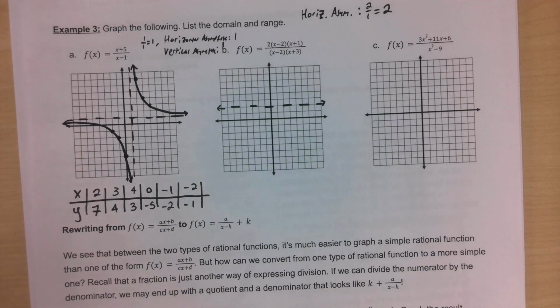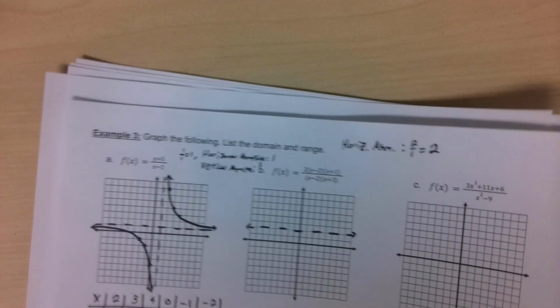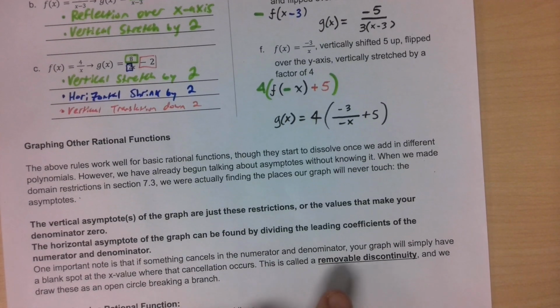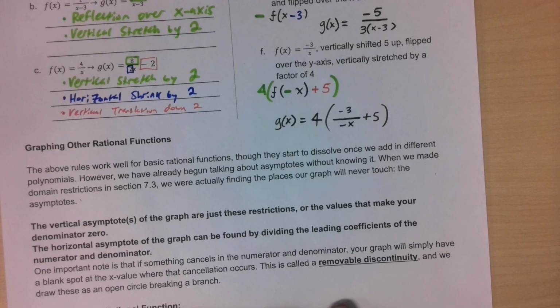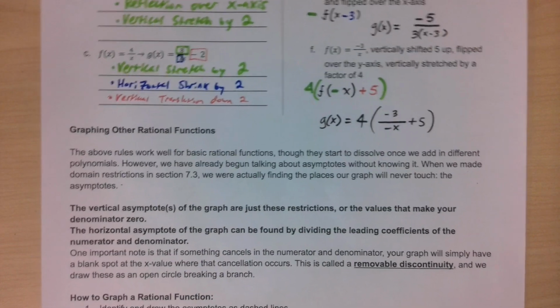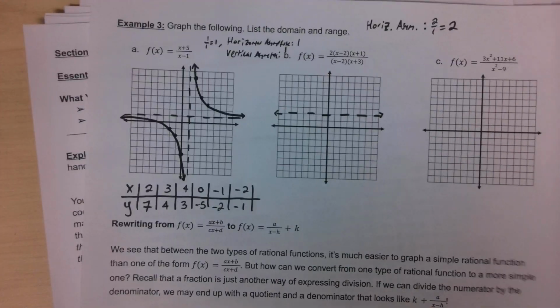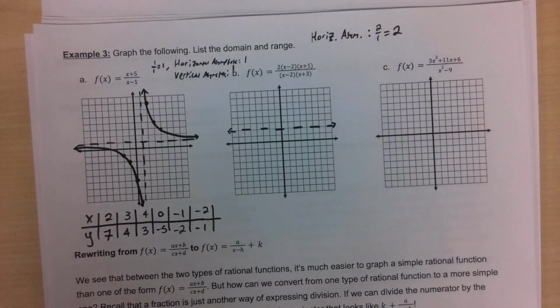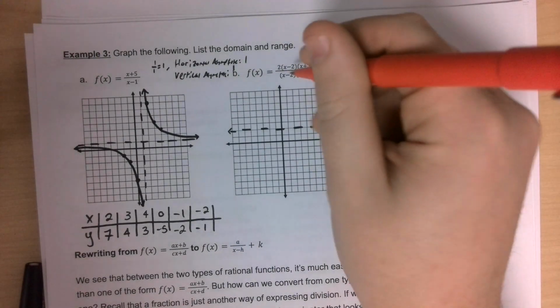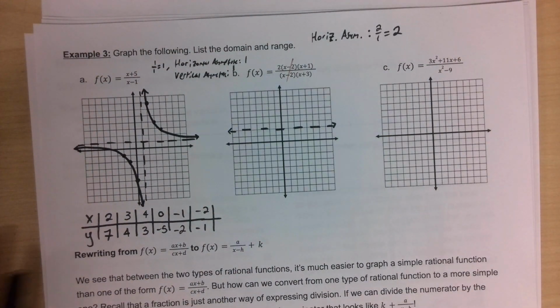But remember what I said on the last page of the notes: if something cancels out, it's called a removable discontinuity, and it would just be an open circle at that place. Does something cancel out here? And the answer is yes. X minus 2 and x minus 2 cancel out.